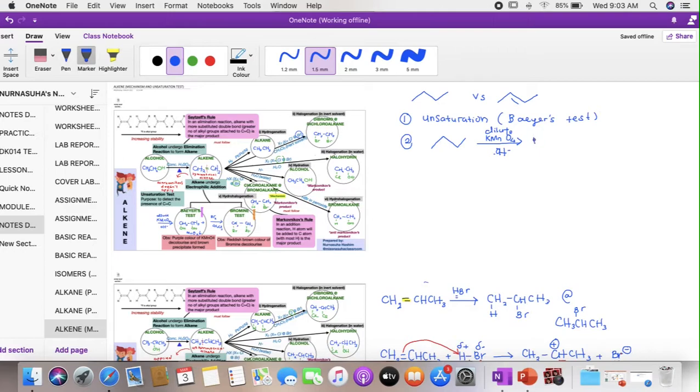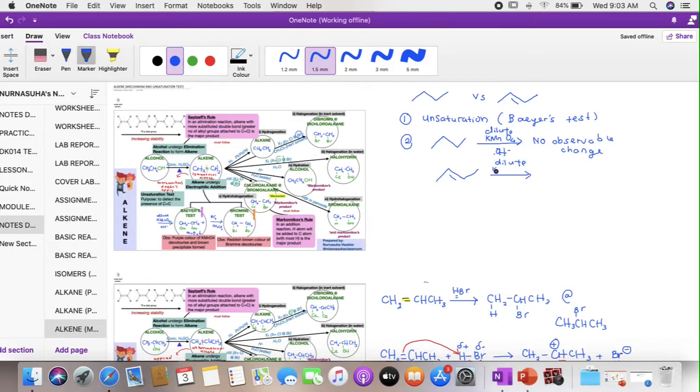So untuk alkane, disebabkan alkane tidak ada double bond, so kita tak nampak apa-apa. So dekat sini tulis no observable change. Maksudnya tidak ada apa-apa yang berlaku. Itu equation dia. So untuk butyne, salin balik dia punya equation.